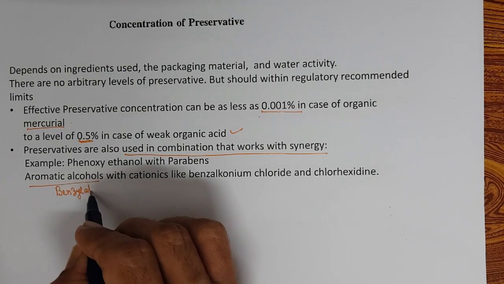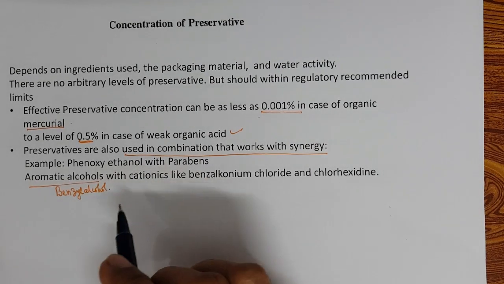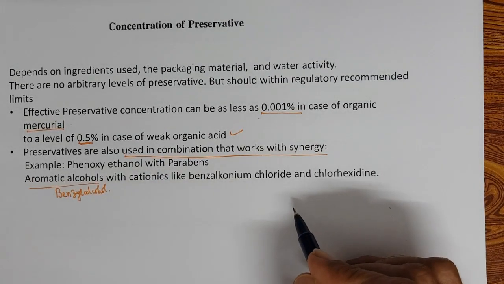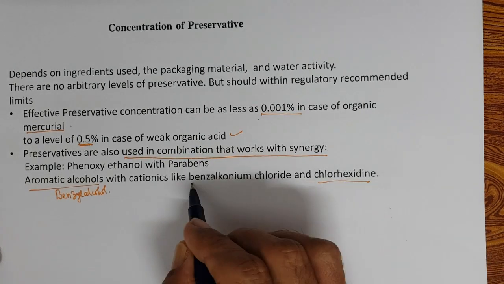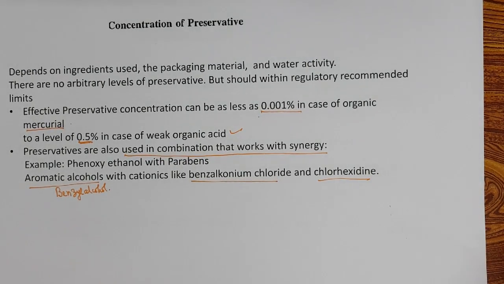Benzyl alcohol works very well with cationics like benzalkonium chloride and chlorhexidine, right? So you can combine preservatives to get a wide spectrum, and the individual preservative levels can be reduced, and you get this synergy, right. So that is the concentration of the preservatives.